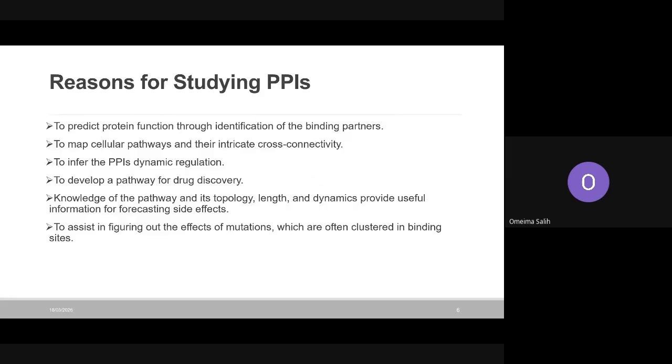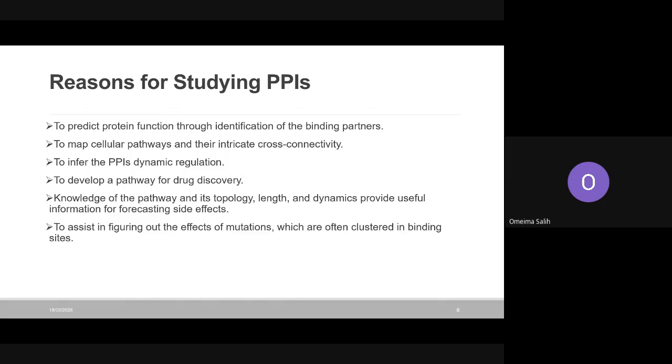So you need to study this protein interaction in vivo and in vitro, and we're going to speak about the different processes in vivo and in vitro and their importance in drug discovery.